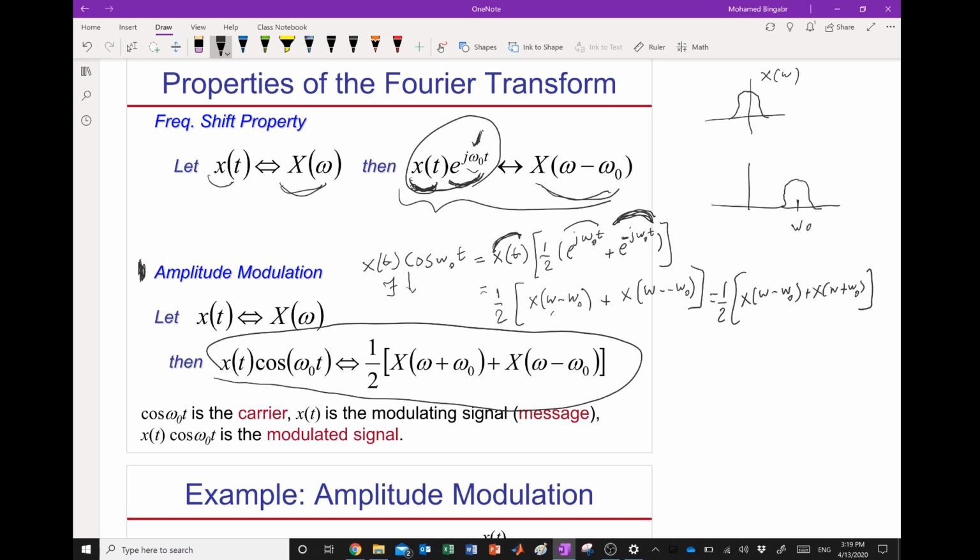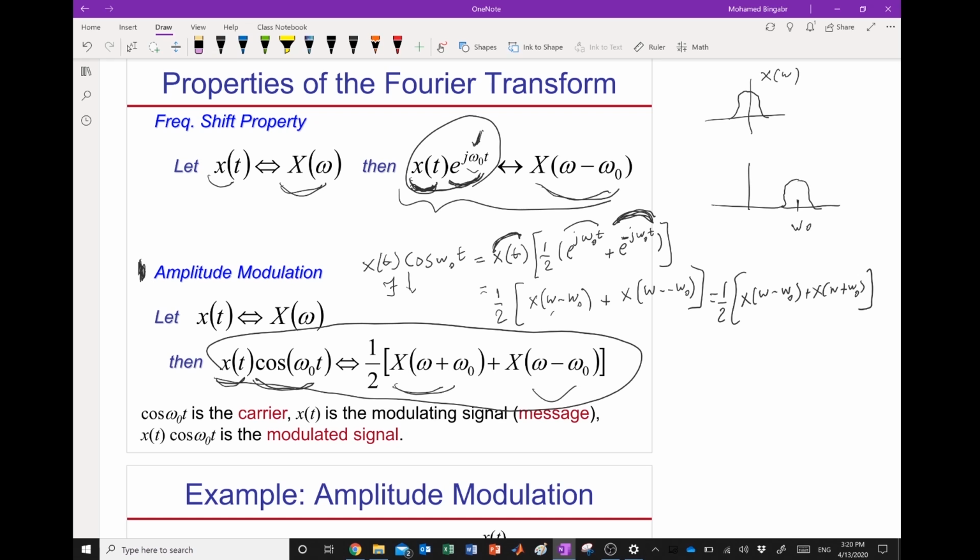And this property says the following. If you have a signal x of t and you multiply it by cosine omega 0 t, you basically shift the spectrum of x of t to be centered around minus omega 0 and plus omega 0.